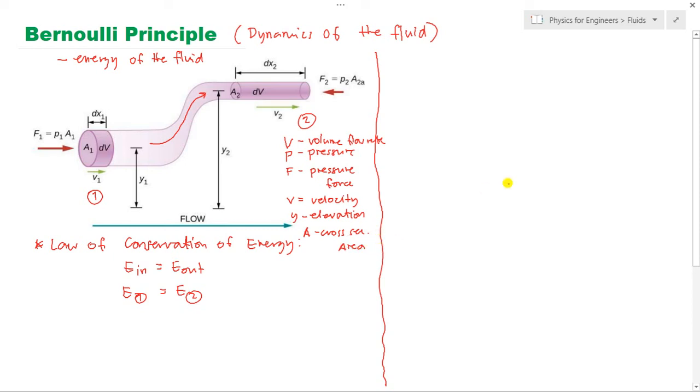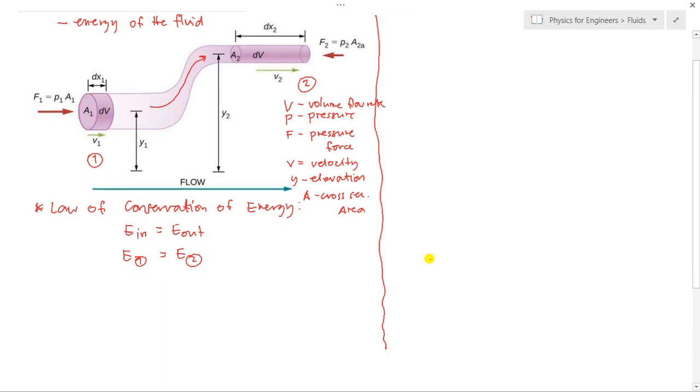So again, back to the law of conservation of energy: energy in equals energy out, or energy at state 1 equals energy at state 2. In analyzing Bernoulli's equation, especially in fluids class, we neglect thermal energy. Meaning no heat is added to the system and no heat is rejected from the system.